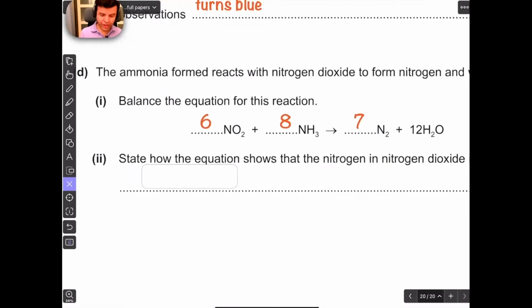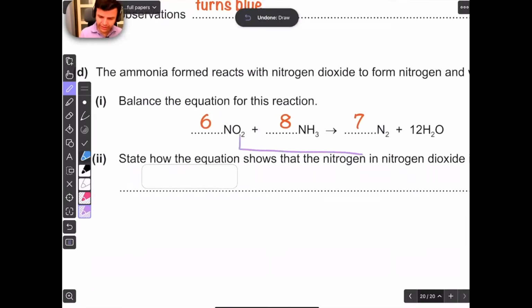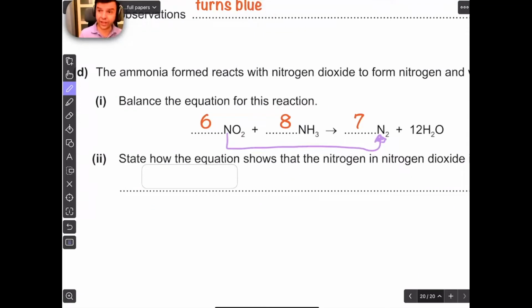It was nitrogen dioxide, and here it got reduced, right? So that is reduction. You can mention electrons. You can say, for instance, it's nitrogen here. What happened to it? It decreased its oxidation number, or it gained electrons. So every way is acceptable.